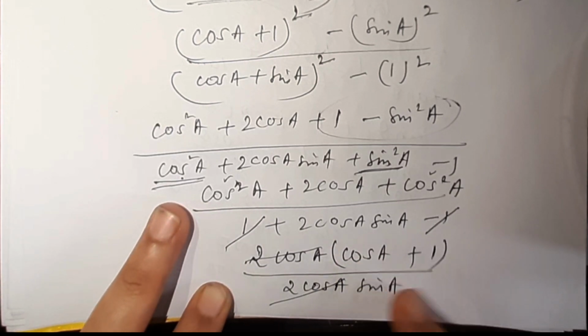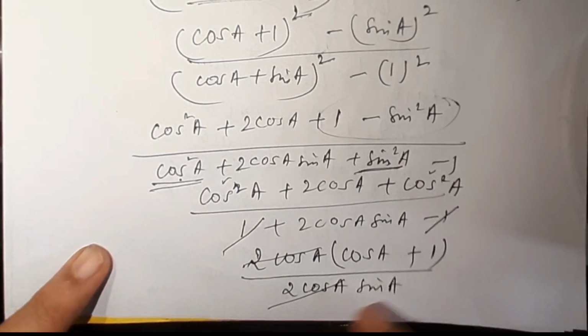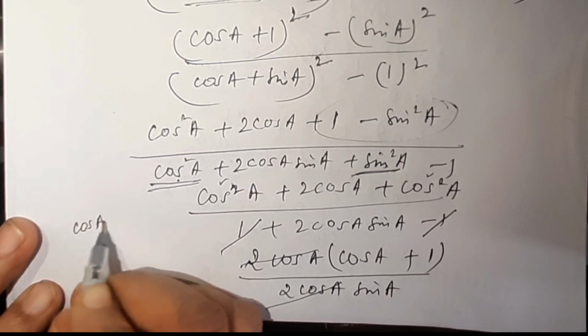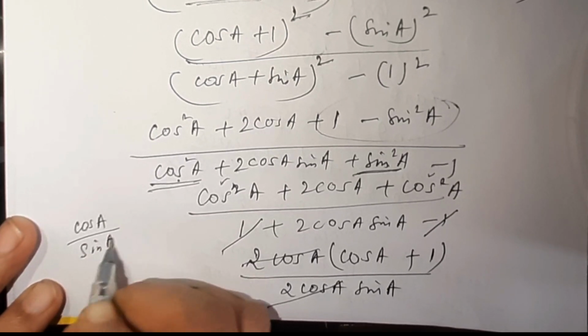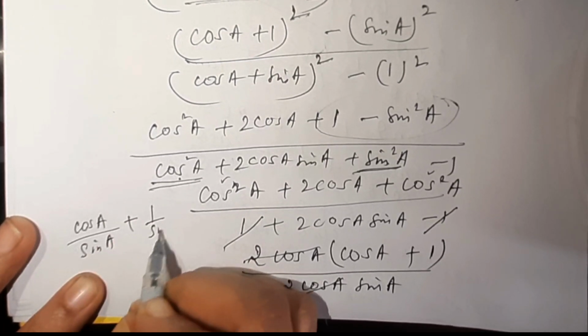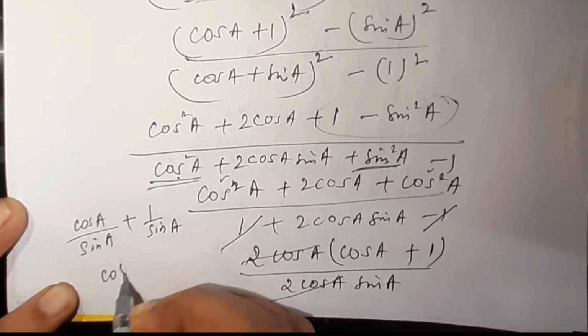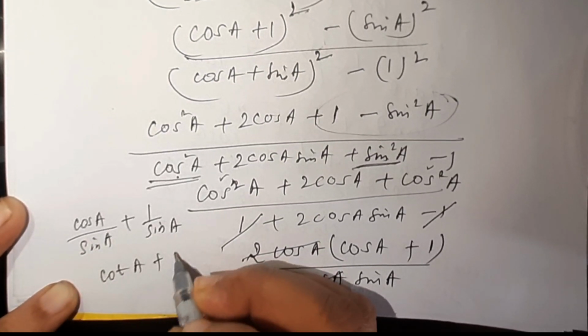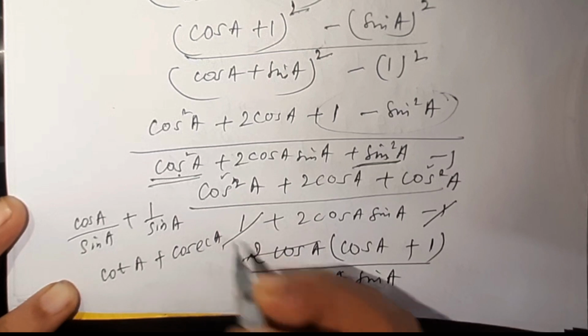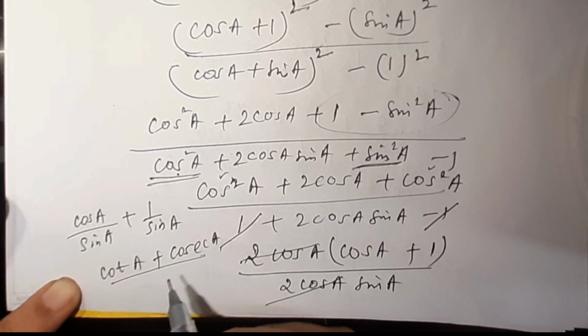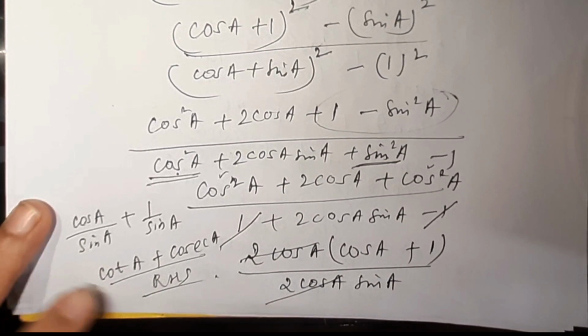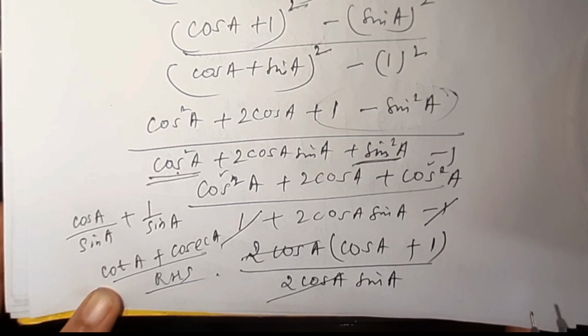Whenever there is a single term, we need to make it separate. So here it is cos a upon sin a plus 1 upon sin a. Cos upon sin is cot and 1 upon sin is cosec. So thus we got our RHS. So therefore LHS and RHS both are equal.